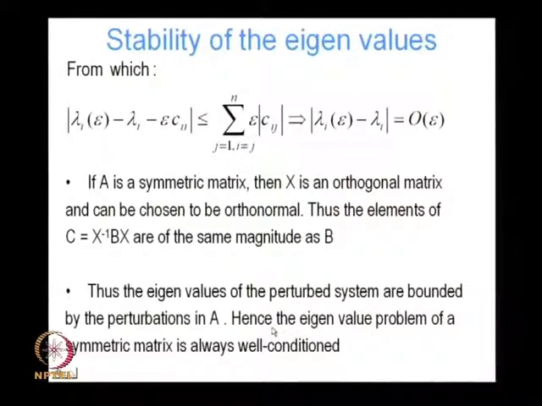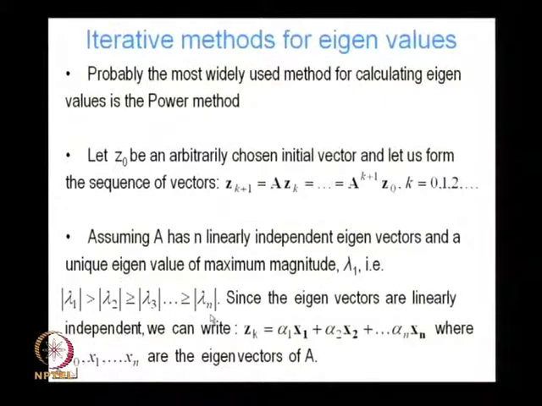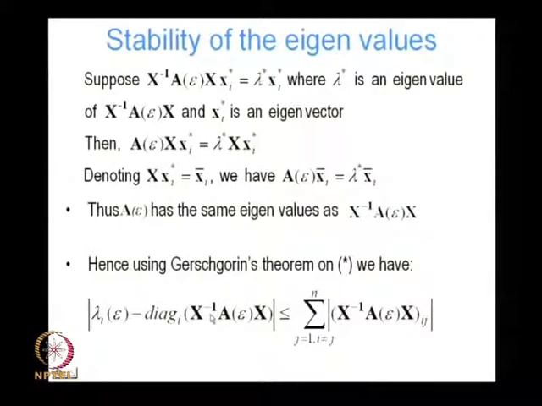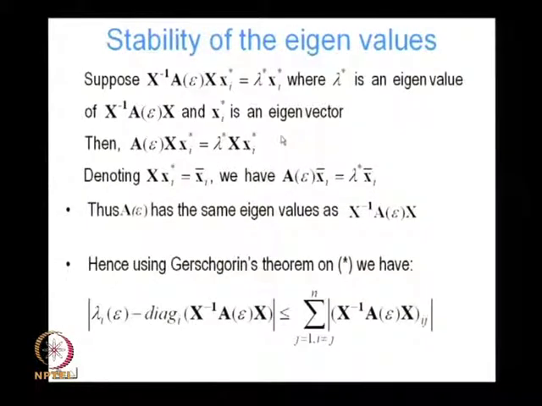So, we can write this as lambda i minus epsilon c ii, because this is basically the diagonal term of this matrix, and this must be less than or equal to the sum of the off diagonal terms, which is equal to epsilon c ij.